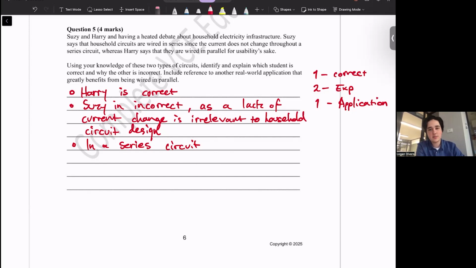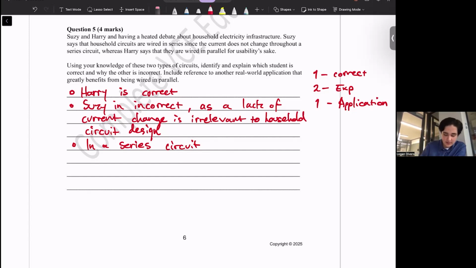Household circuits being in parallel is pretty much what provides the ability to use different points everywhere and to have each point independent of another point. It's quite a massive pain if you have to turn on everything for everything to actually work. And it's not just having everything connected, everything has to be operating for it to actually work as well.